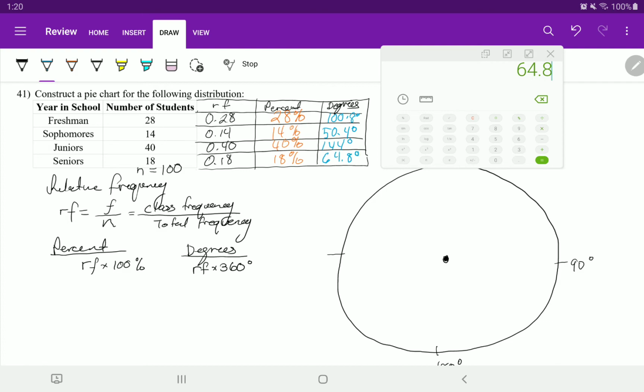And when I add up my degrees, they must add up to 360. So you can go ahead and add them up. They add up to 360 degrees.